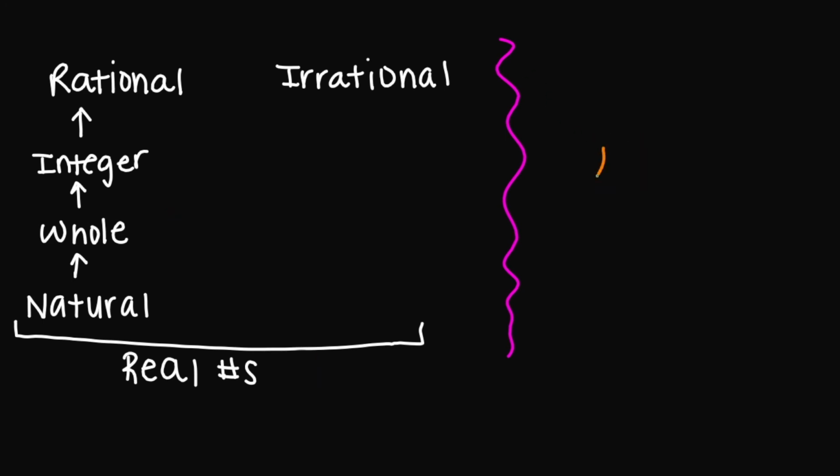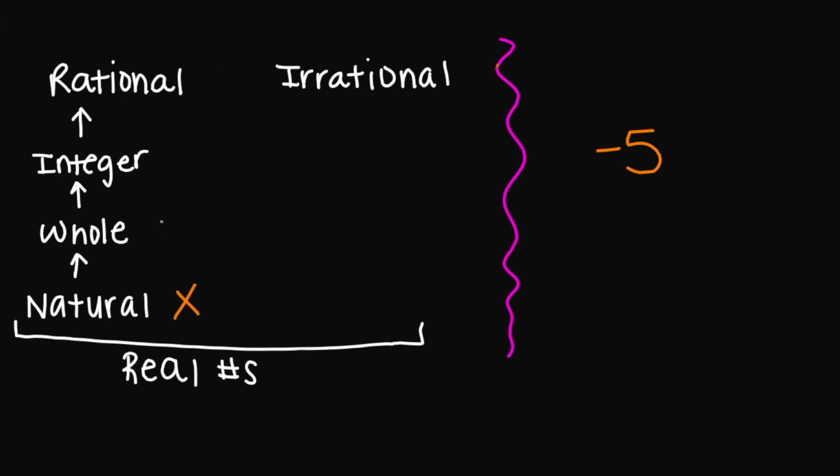So what about pi? Is pi a natural number? No. Whole number? Nope. Integer? Nope. Rational number? Nope. Irrational? Yes. And real number? Yes. Okay, what about -5? Is -5 a natural number? It is not a natural number.